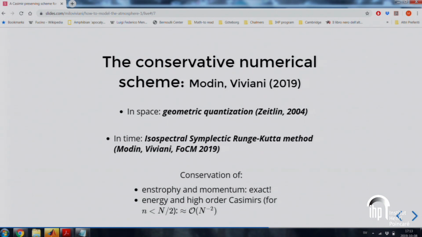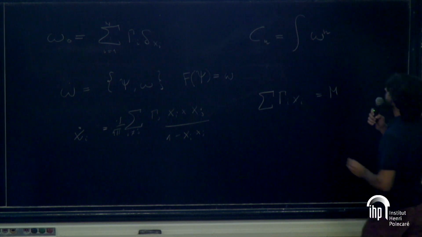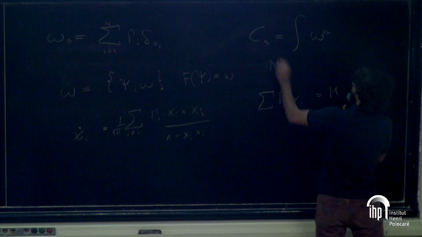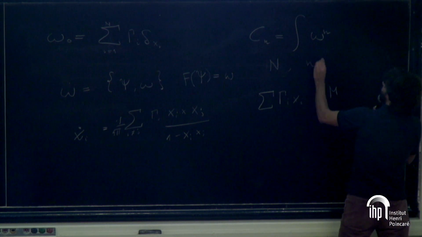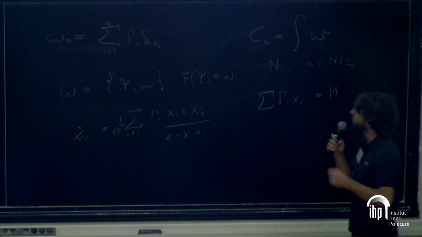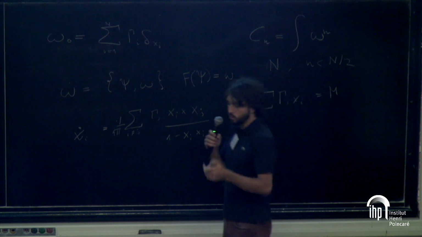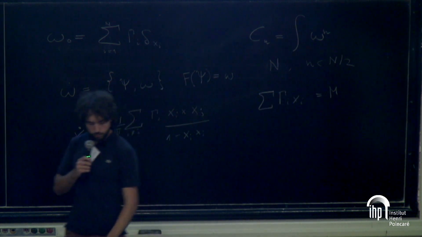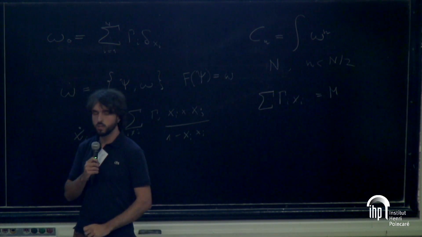So n is the number of Casimirs: we have the Casimir Cn, which is the n-th moment of the vorticity. If the discretization level is capital N, for n smaller than N over 2, the conservation of the high-order Casimirs is quadratic. So it's a conservative scheme.